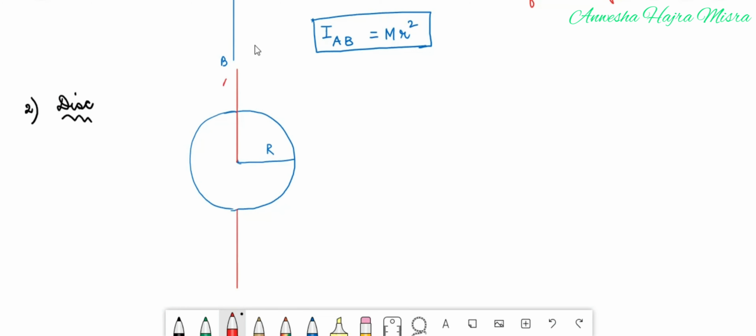We want to find the moment of inertia of this disk about AB.